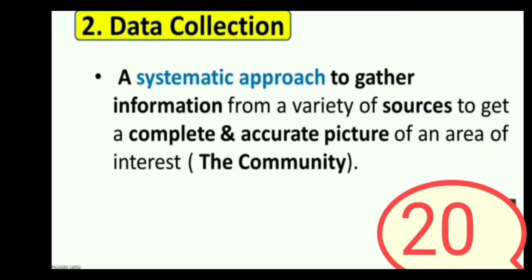Last class we learned about the nursing process elements. The first one we learned was planning of data collection. Today we are going to learn the second one, that is data collection. It's a systematic approach to gather information from a variety of sources to get a complete and accurate picture of an area of interest, that is the community.